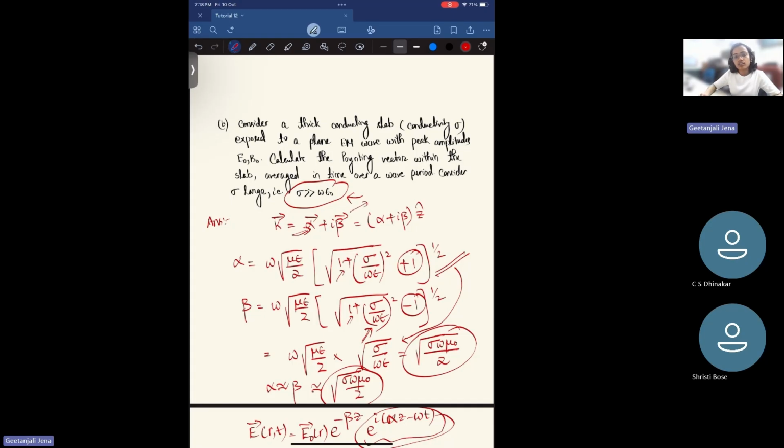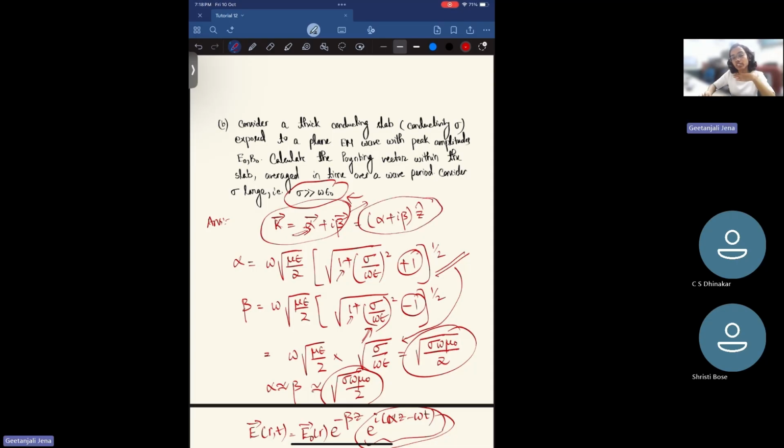And beta is the term that we use to indicate the absorption inside a medium. So for a conducting medium, you can write k is alpha plus i beta. And let's say the wave is propagating along the Z direction.